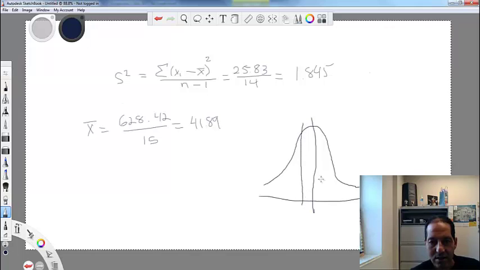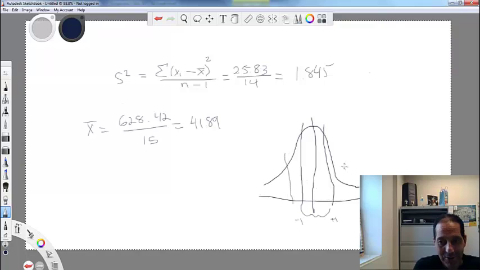In a standard normal distribution, we have 68% of the sample lying between plus or minus 1 standard deviation, 95% of the sample between plus or minus 2 standard deviations, and if we drag this out a little more to plus or minus 3 standard deviations, we have 99.7% of the population.